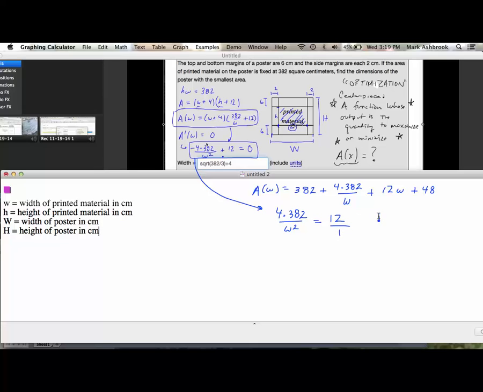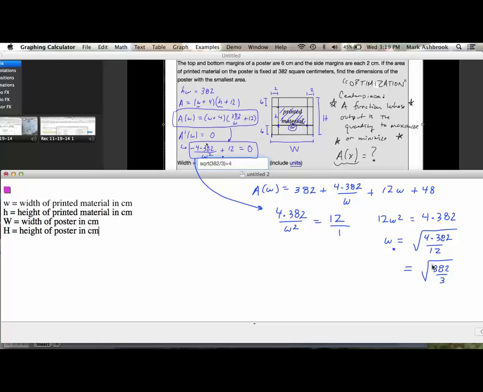So that would be 12 w squared equals 4 times 382. And so then w would be the square root of 4 times 382 all over 12, or the square root of 382 over 3.